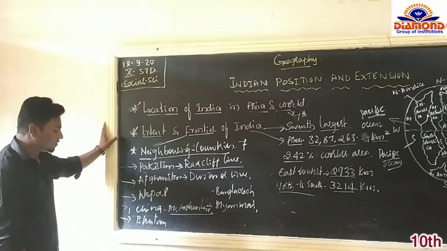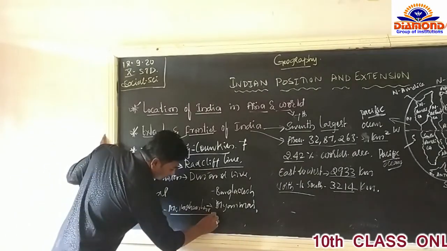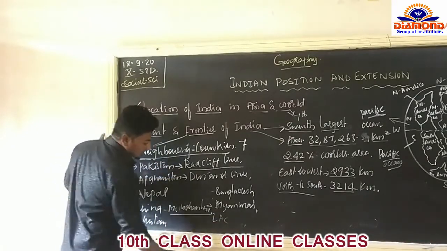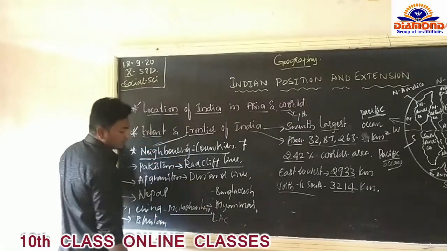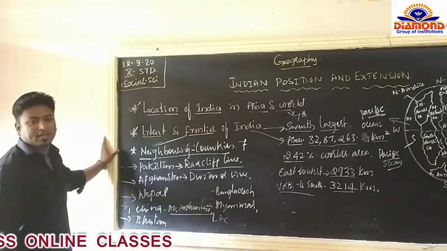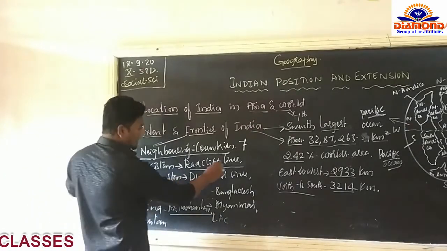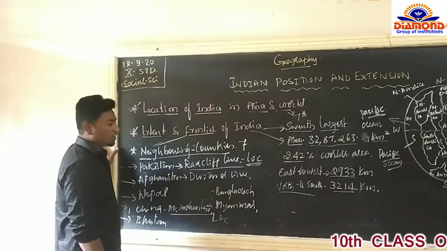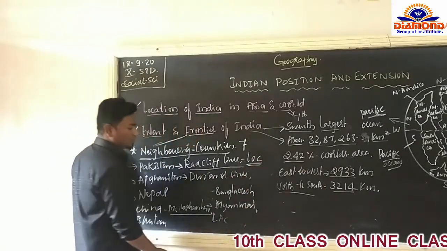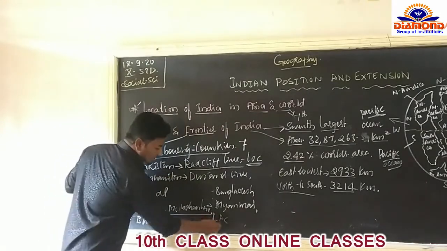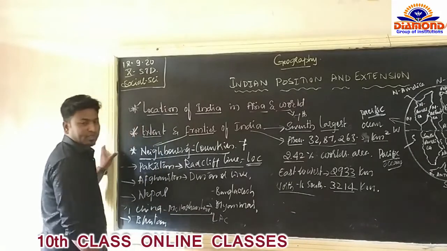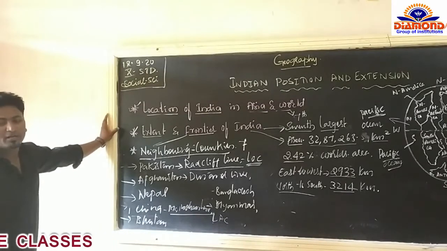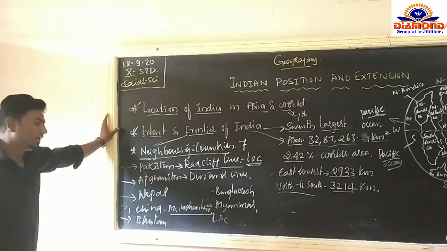It is also called the LAC in China, the Line of Actual Control, and for Pakistan we call it the LOC, the Line of Control. These both lines have always been troubling India, with China and Pakistan.